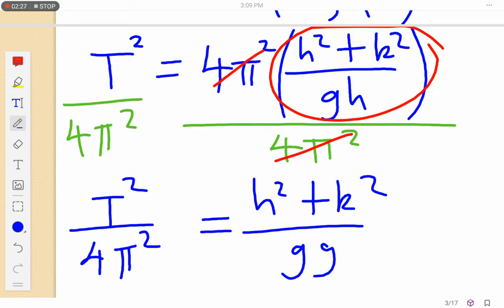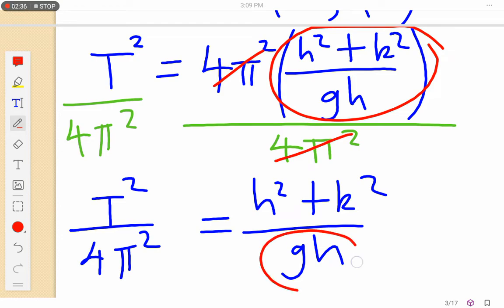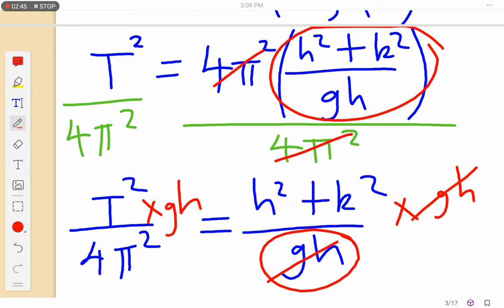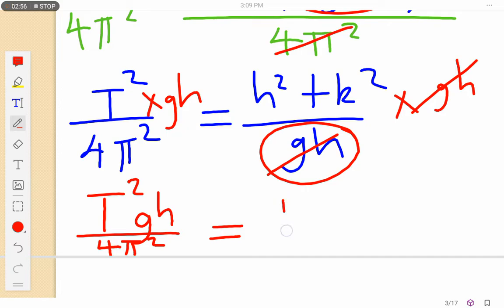Now, this is gh, I wrote gg. So now I'm going to remove this gh, so I'll multiply everything by gh. On the left side, they are going to cancel off, on the right side, they are going to cancel off each other there. So we'll remain with T squared times gh over 4 pi squared is equal to h squared plus k squared.